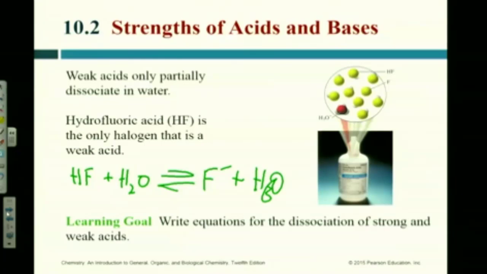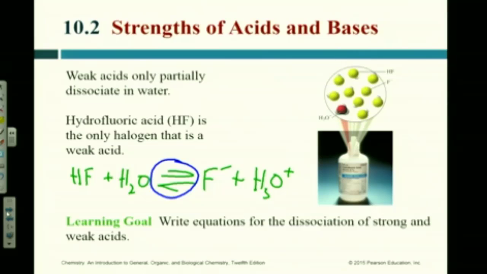We learned about 2-headed arrows in the last chapter, didn't we? Weak electrolyte, right? That means it doesn't go 100% to this side. Some of it's still over here. Okay, remember that in the last chapter?